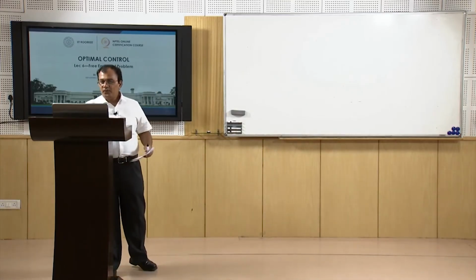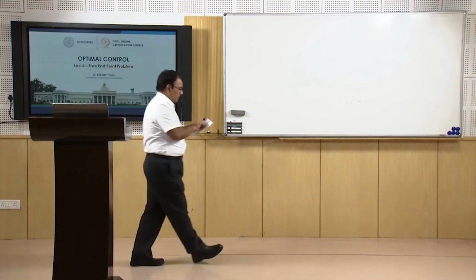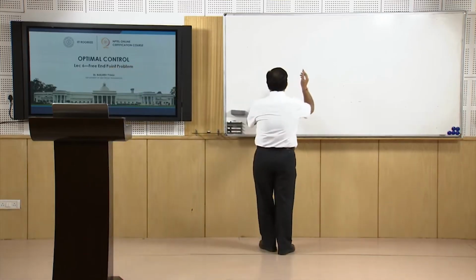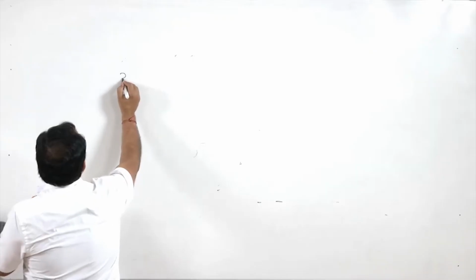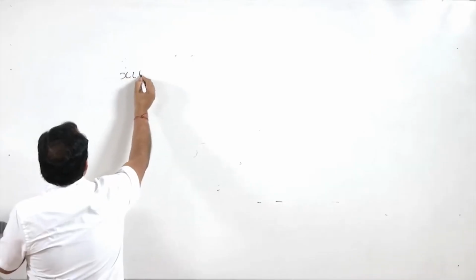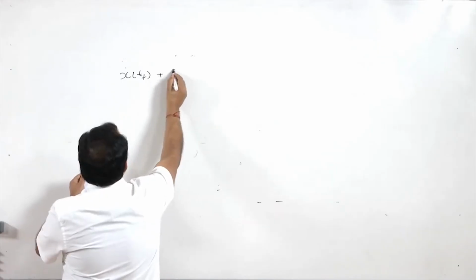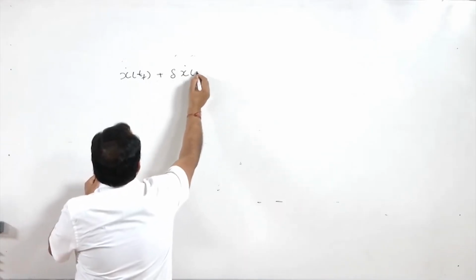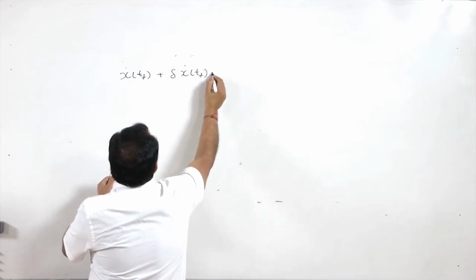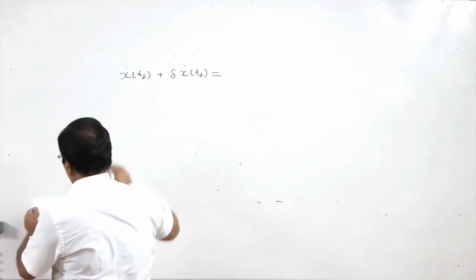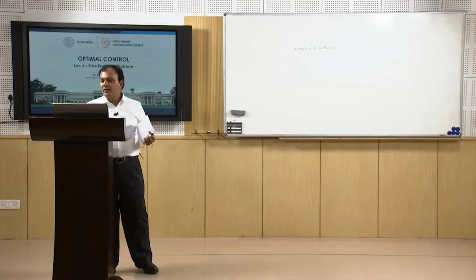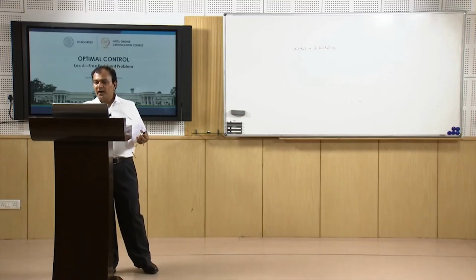Say in this figure we can approximate x dot Tf plus delta x dot Tf as what? So, this is the variation at my terminal point, at these points.